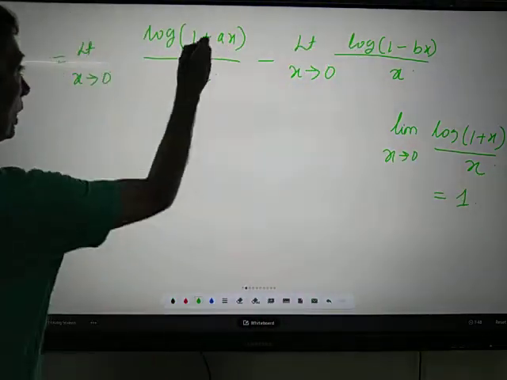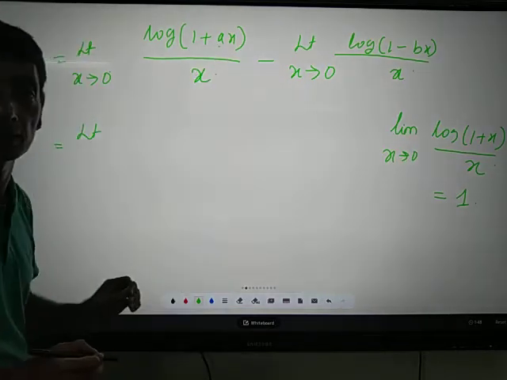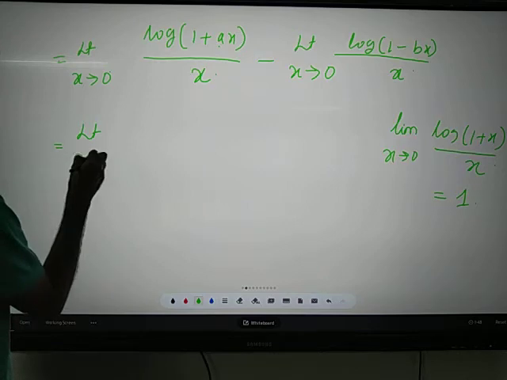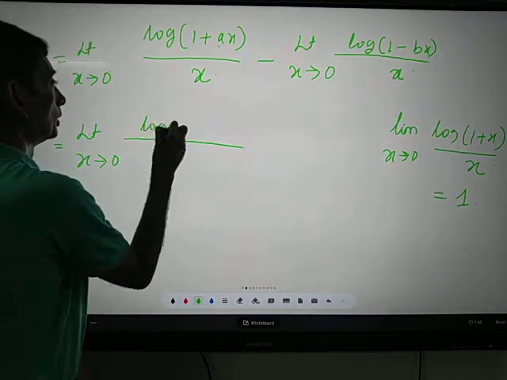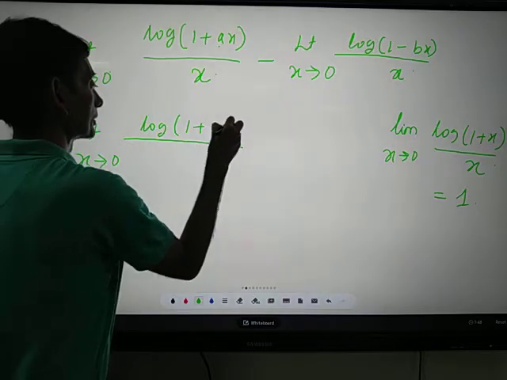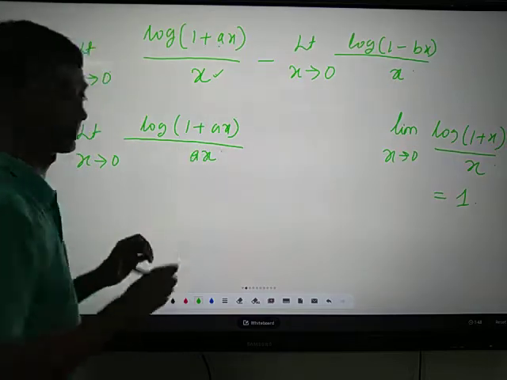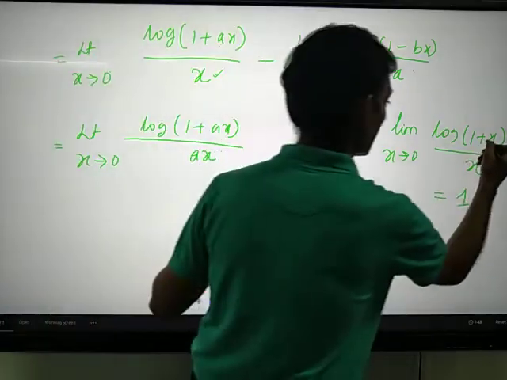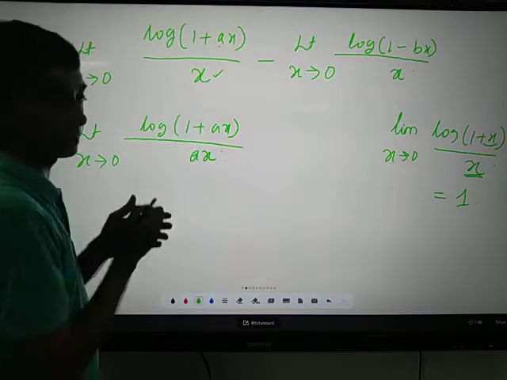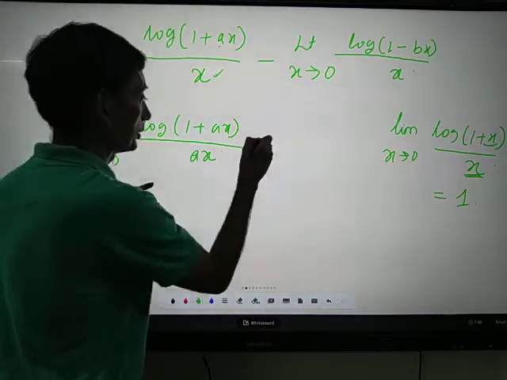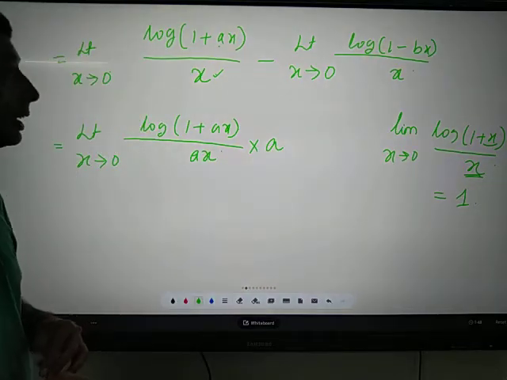Here we manipulate the term ax in the denominator. The numerator is log(1 plus ax), so the denominator x has to become ax, so we multiply the denominator by a, and we multiply the numerator also by a.